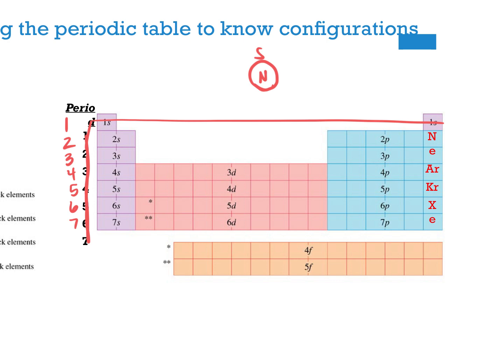It mirrors the fact that it can only hold 2 electrons. So now let's go down a group into the second period. We would add another s orbital, and we would add the p orbitals. So every time we go down on the periodic table, we add another level of orbitals that have spots for electrons to sit.